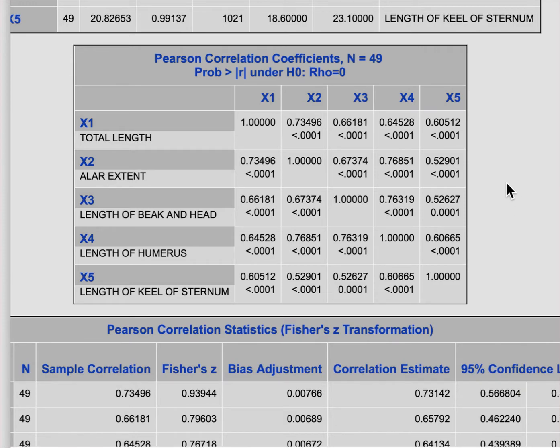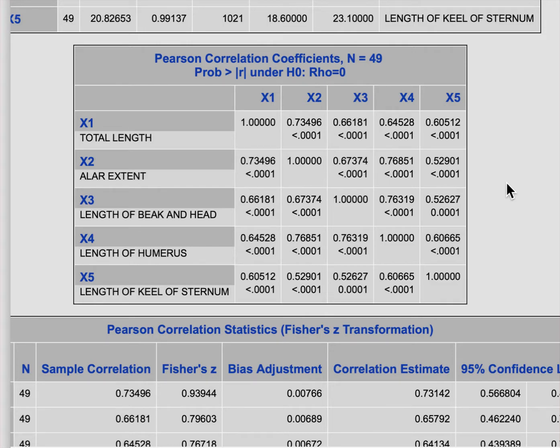When we have p response variables, then the number of correlations between pairs of variables is equal to p times p minus 1 over 2. And so with 5 variables, the number of individual tests is 5 times 4 over 2. All right, and so that's 10.